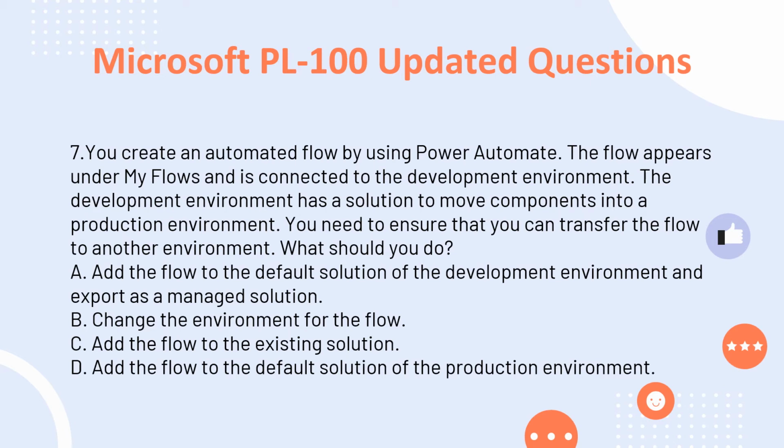A. Add the flow to the default solution of the development environment and export as a managed solution. B. Change the environment for the flow. C. Add the flow to the existing solution. D. Add the flow to the default solution of the production environment.